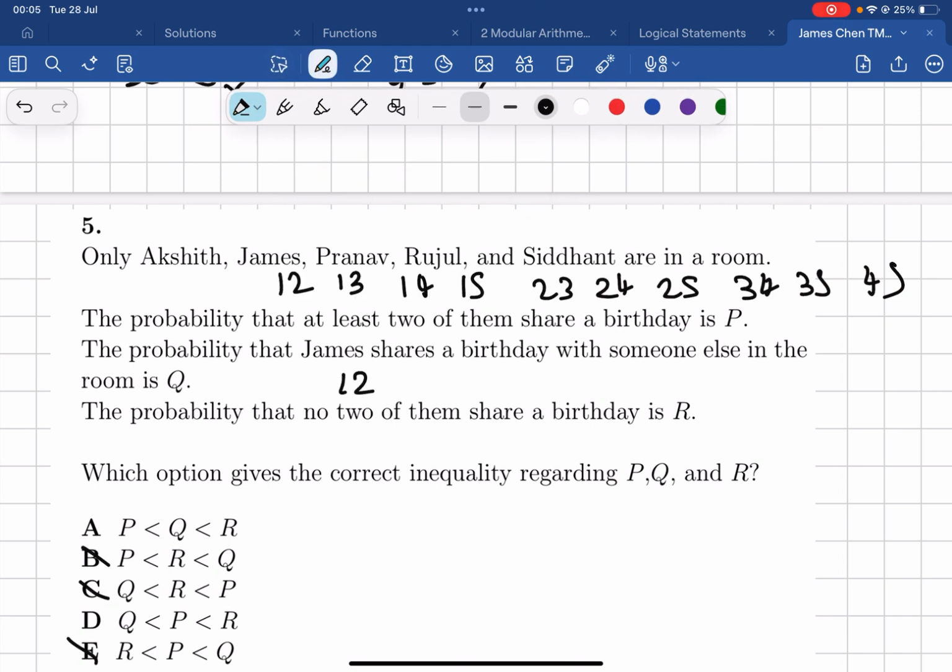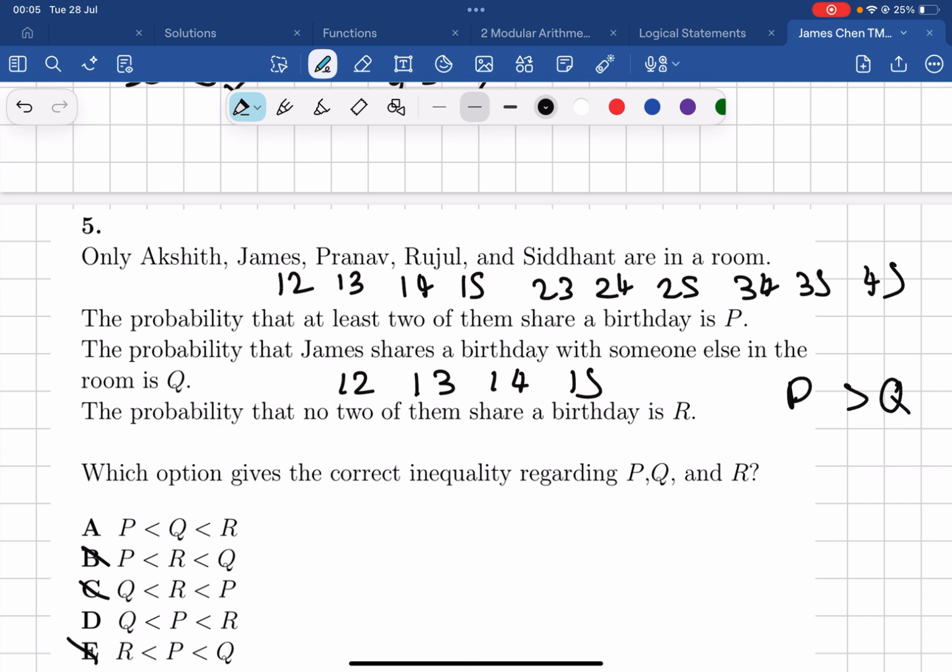Well, that's the probability of 1, 2, 1, 3, 1, 4, 1, 5. So it's obviously, if we see the probabilities of all these events happening, so 1 and 2 sharing a birthday, or person 1 and 3 sharing a birthday, this means that P is obviously greater than Q.